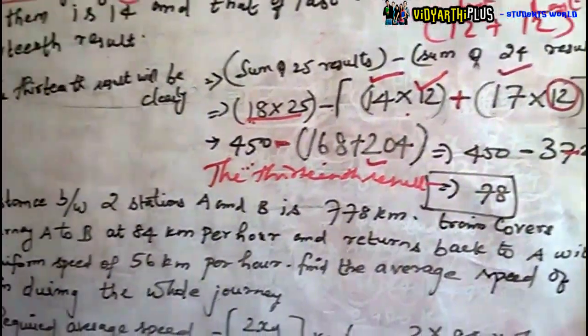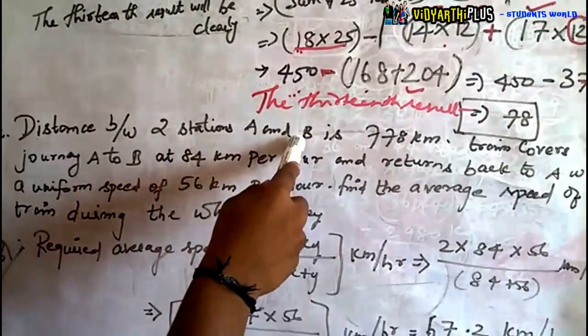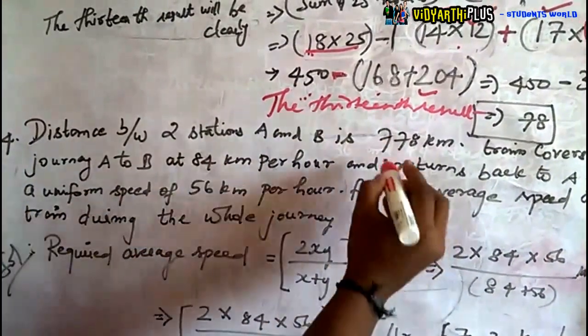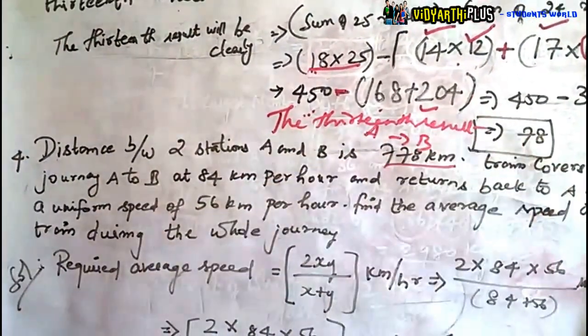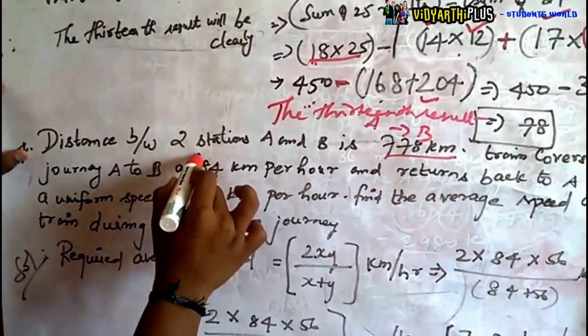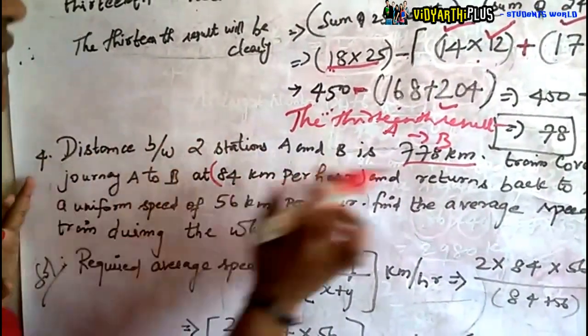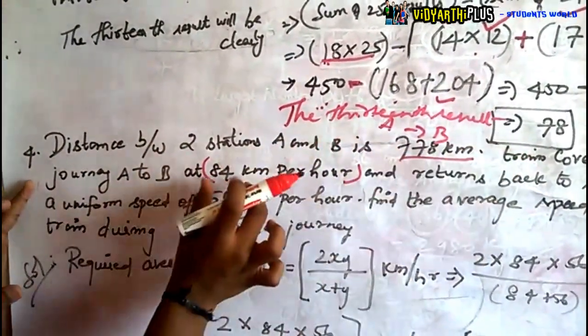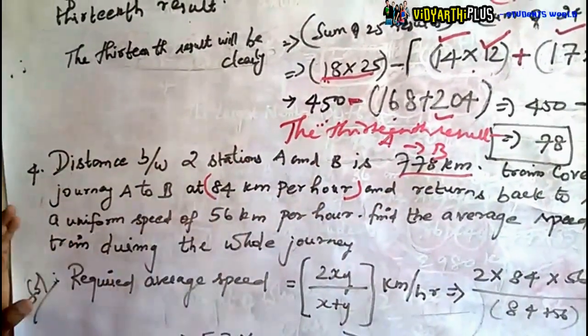Now question number 4, the last question in this chapter. The distance between two stations A and B is 778 kilometers. The train covers the journey from A to B at 84 km per hour, that is, in a single hour it covers 84 km.